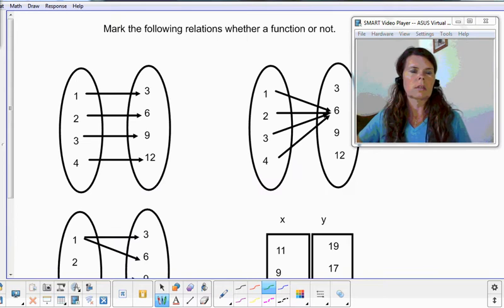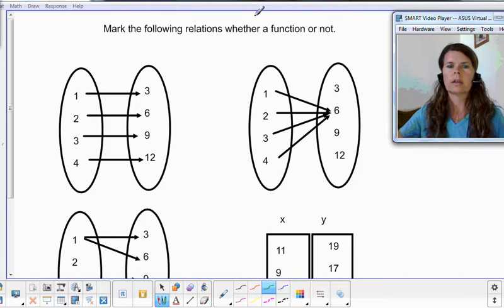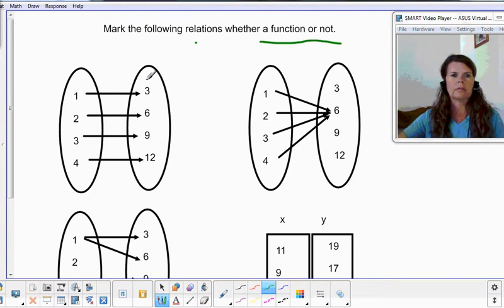So let's look at some different representations of relations. And let's see, are they a function or not a function? So does each x value have exactly one y value? X to one y, x to one y, yes. So yes, this is a function. But this one, each x value has one y value.